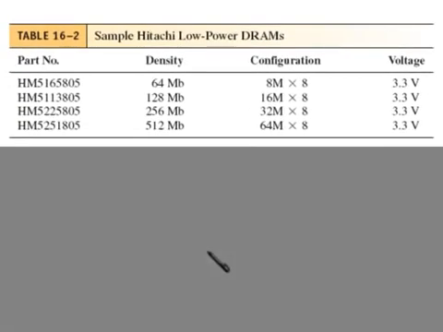And in table 16.2, I've got a sample of some Hitachi low-power DRAMs. These are actually pretty small by today's standards, but you can look these up on the internet and see the higher megabit ones. And by the way, the lowercase b means bit. If it's a capital B, that would be byte. So this particular one is 256 megabits, configured as 32 mega locations with 8 bits at each location.